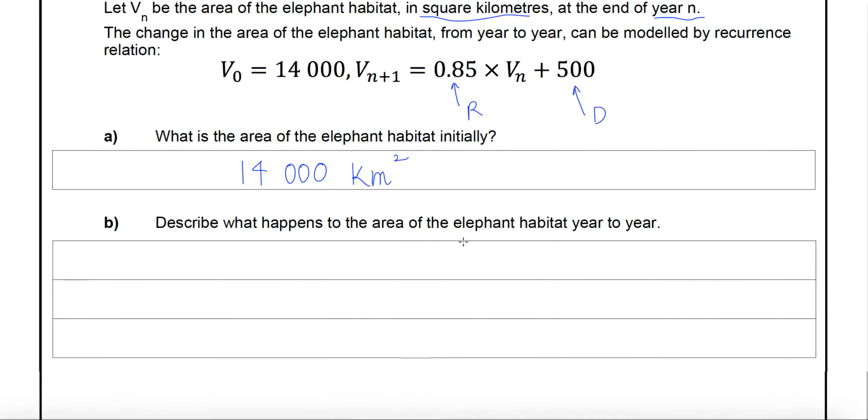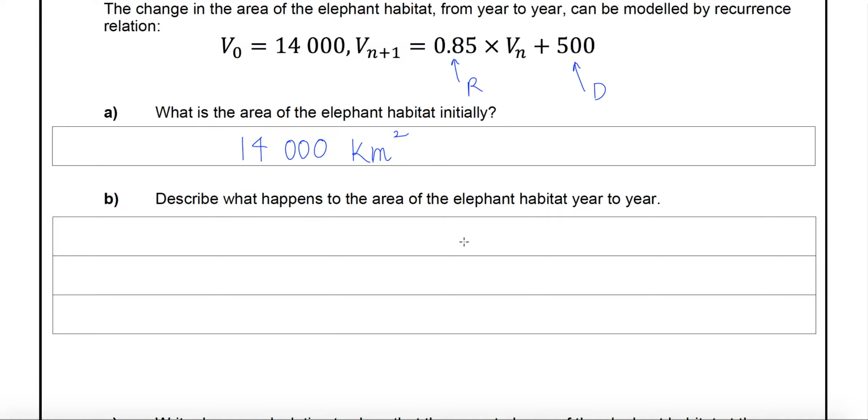Okay, so this is where you might like to get your calculator out, because the next question is asking us to describe what's happening to the area of the elephant habitat from year to year. Now, obviously we can see there's actually a couple of things going on. First of all, we're multiplying by R, but you'll notice that R is less than 1, which means that by multiplying by 0.85, we're actually decreasing the size of the area of that elephant habitat by 15%.